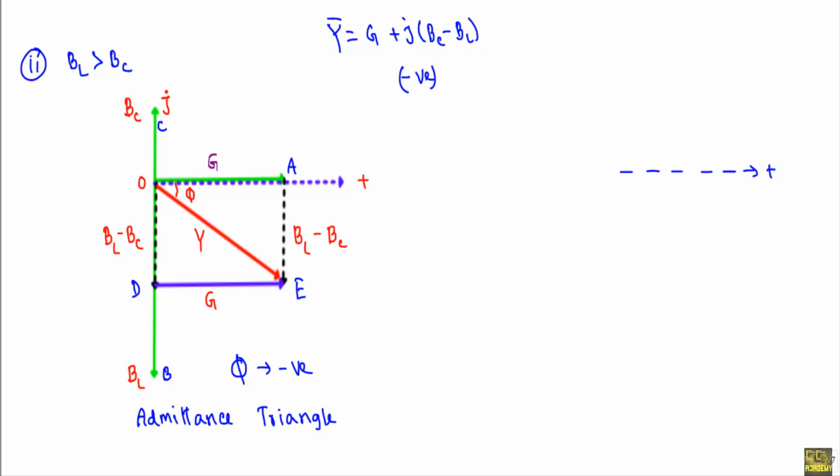In this direction we will take the conductance G. In this direction we will take minus JBL. In this direction we will take plus JBC.